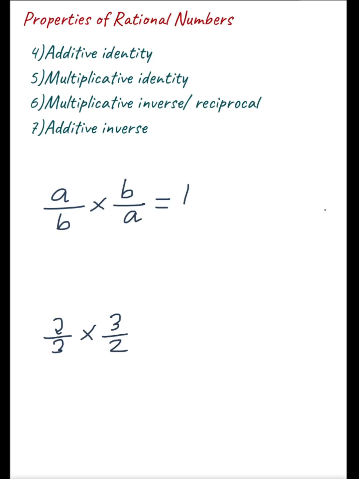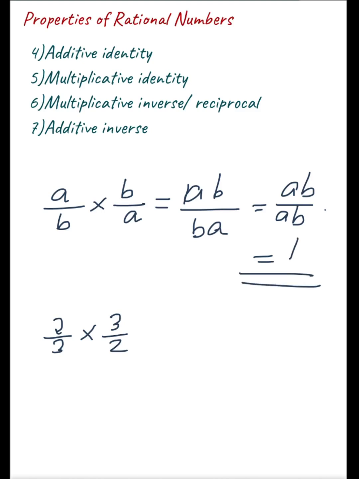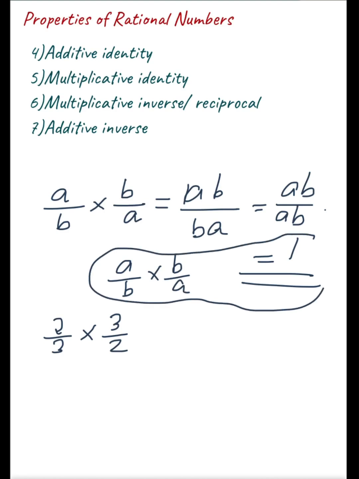That is, a into b is ab, and b into a is ba. Ba means ab itself. Ba and ab are the same. That means ab by ab itself, which is equal to 1. That means when you are multiplying a by b with b by a, the result is 1.